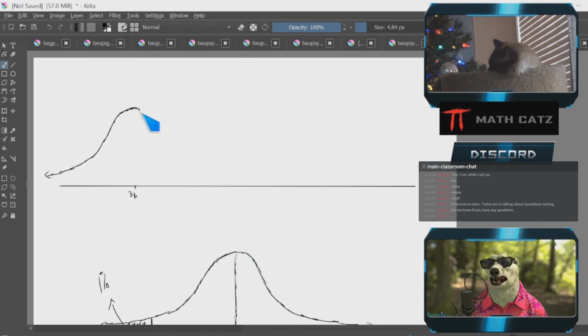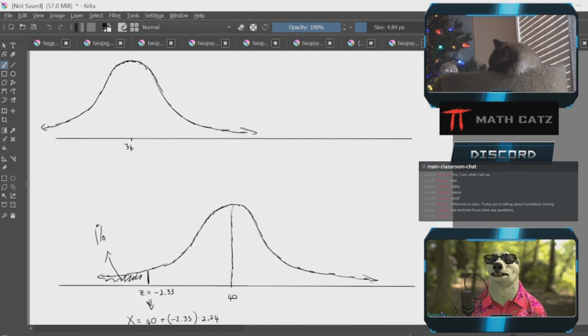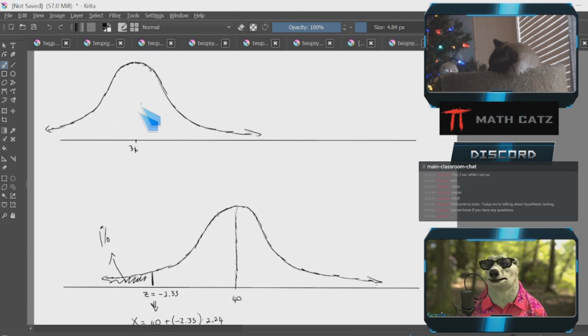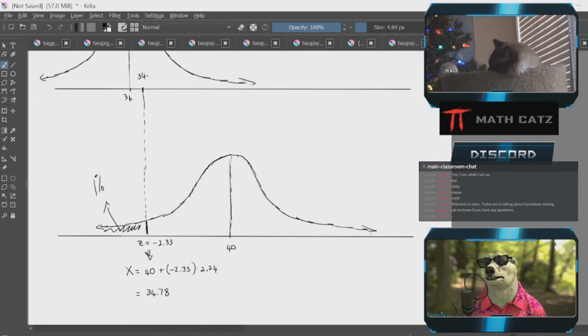I want it to be the same width as this one, but it's supposed to be identical, the same. This one looks smaller. That's just coincidence. Same standard deviation, just a different position. So now I follow this up, give myself some space, and we got 34 point, what was it? 78. Whenever the laptop wants to agree, 78.